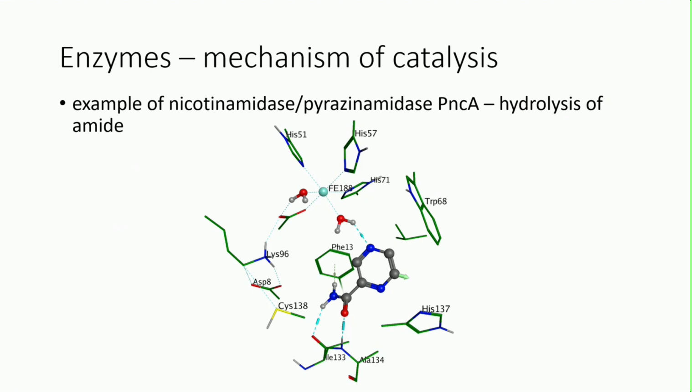I have one example of a protein that involves a metal in the binding site, and it's the iron in the binding site of nicotinamidase or pyrazinamidase, and it plays the role in hydrolysis of pyrazinamide, which is a molecule known as an anti-tuberculosis drug, that needs to be hydrolyzed after entering mycobacteria.